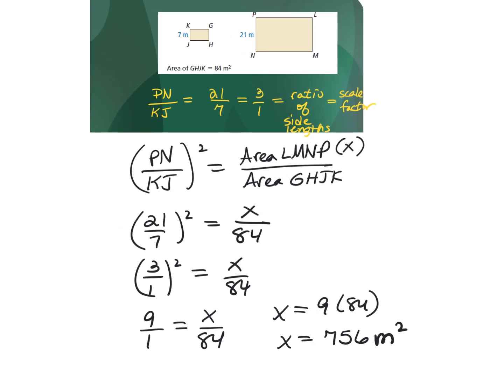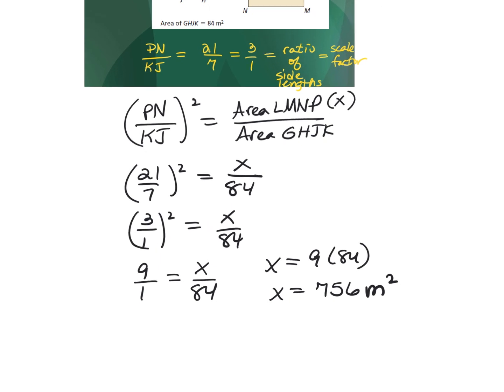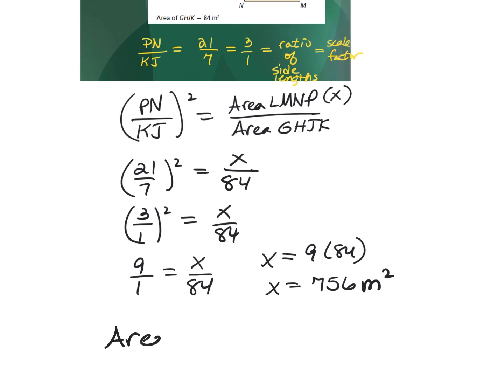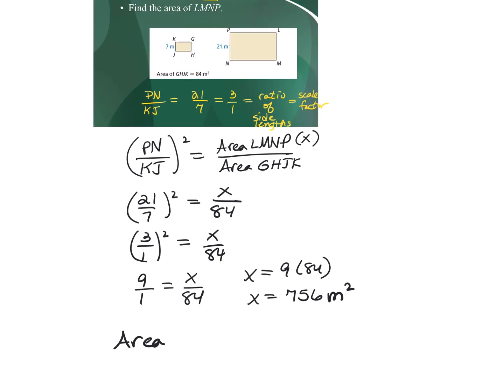So area is always the unit squared. So 756 meters squared is the area of the larger figure, which was LMNP, 756 meters squared.